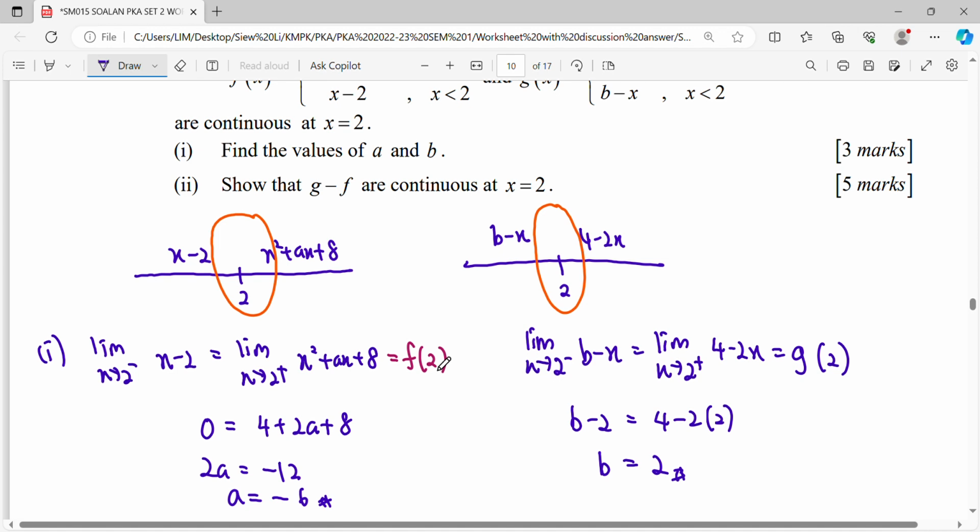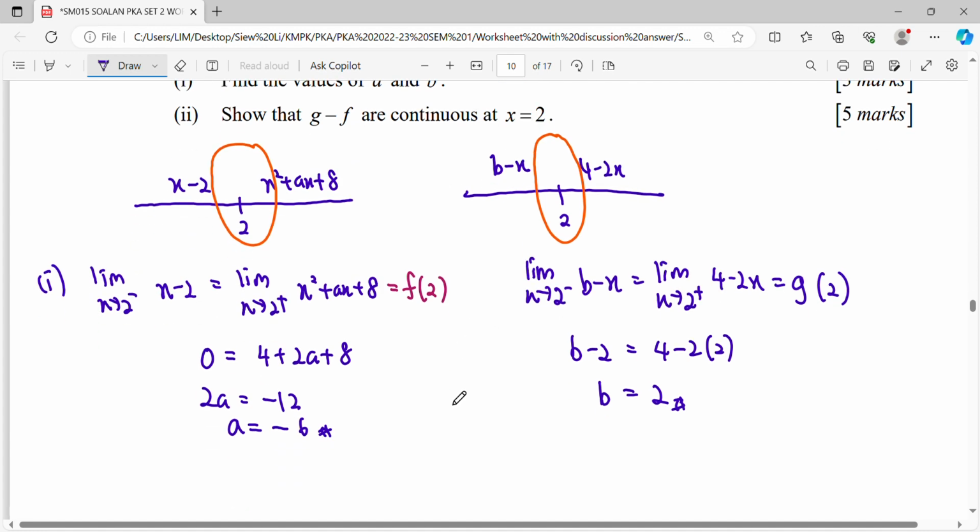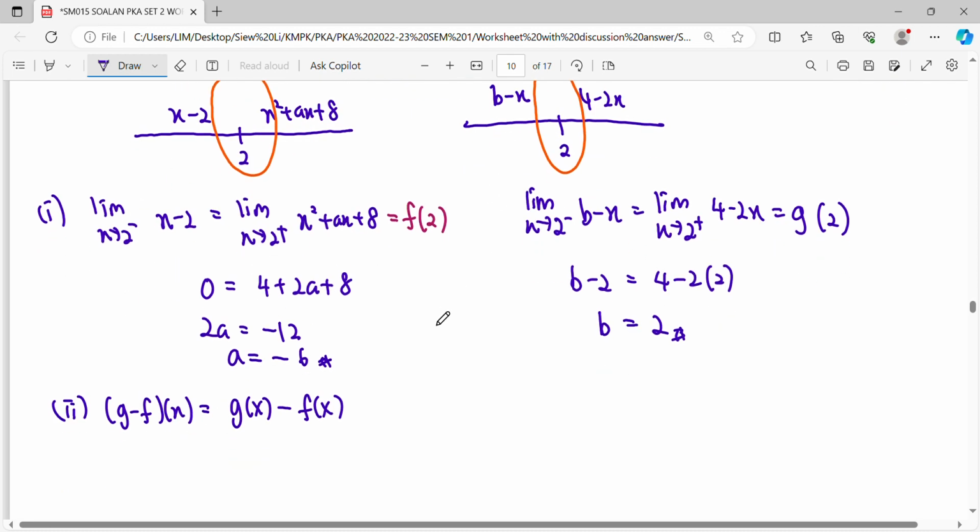After that, we need to show that the function g minus function f is also continuous at x equals 2. First of all, we figure out what the function g minus f is, which is g(x) minus f(x). Both of them have a changing point at x equals 2, so we do it in piecewise.